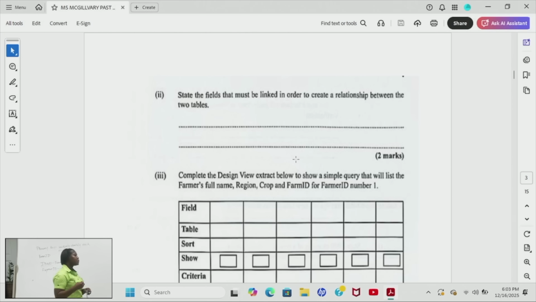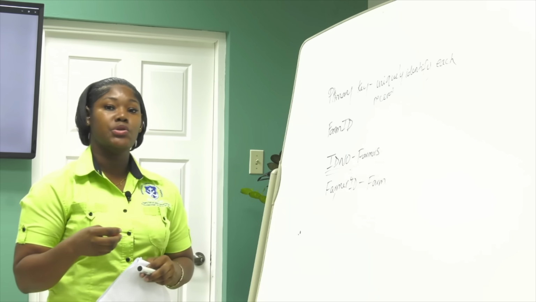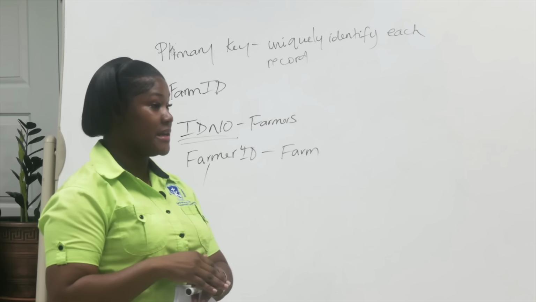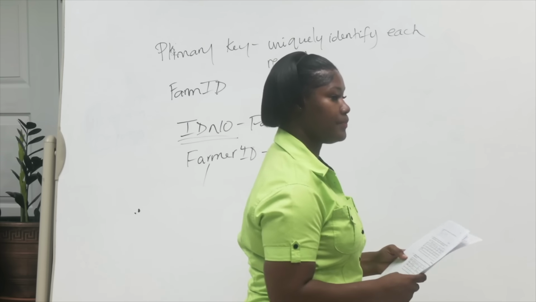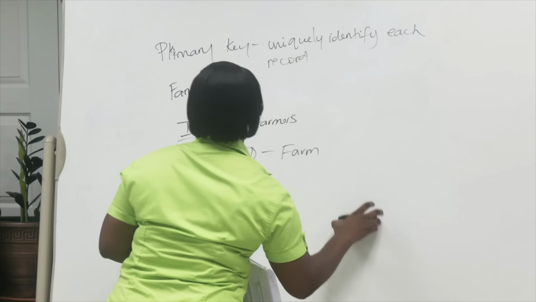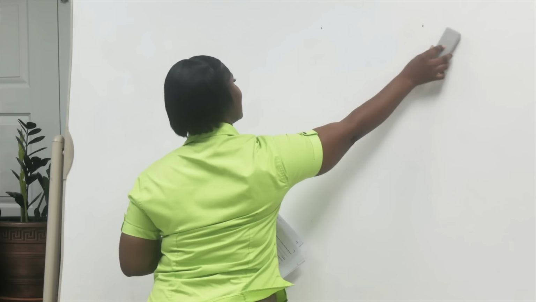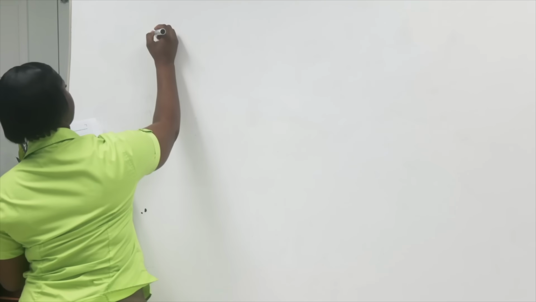Usually when you're doing practicals and you go into Microsoft Access and into the query design view, you get this little interface that you see here where it asks you for the field, the table, sort, show, criteria. They've presented you with the interface just as you would see in Microsoft Access.